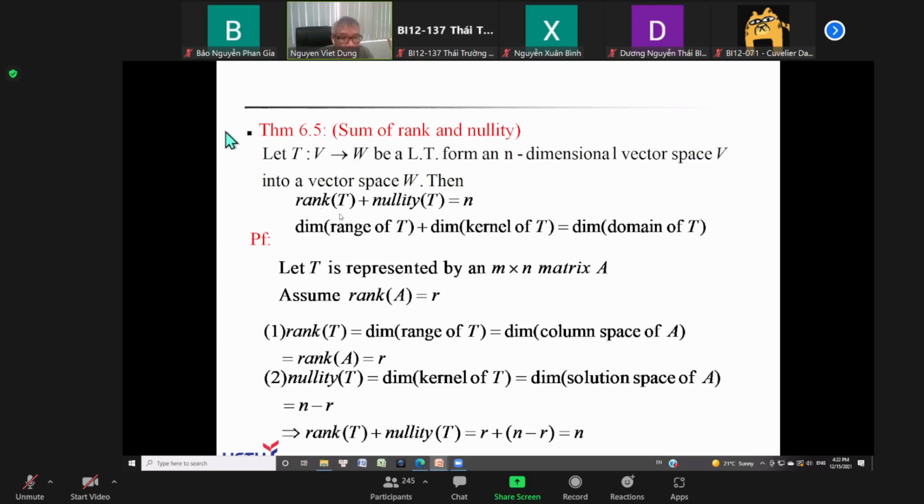Or otherwise, if you write down what is the rank, what is the nullity, we get that thing. And once again, it is explained in the slide. I leave it for you to read.